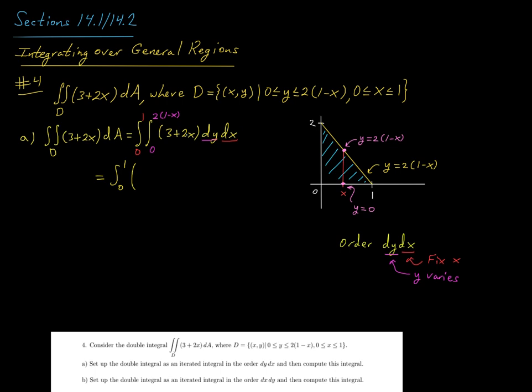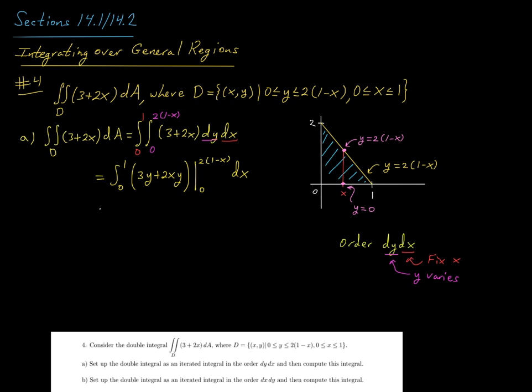There, x is treated as a constant, and I'm integrating with respect to y. So both of these terms are constants, and I'm just going to get 3y plus 2xy, letting y vary from 0 to 2 times the quantity 1 minus x. And then we have our dx.